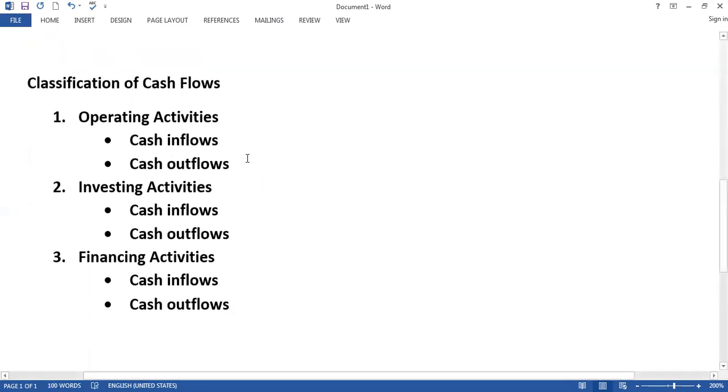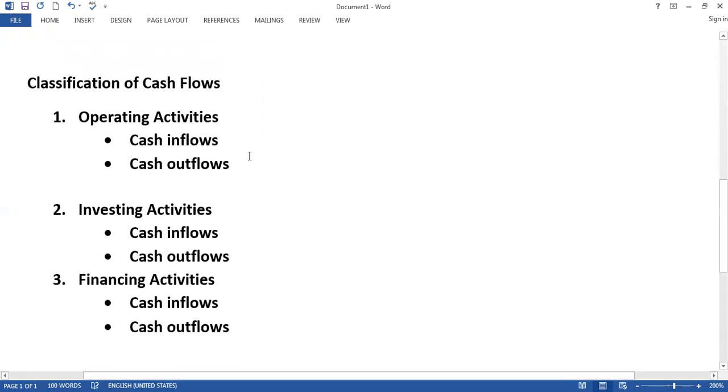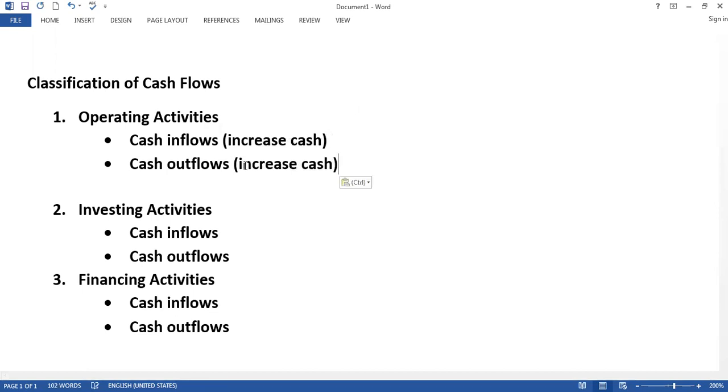So what is the meaning here? The meaning here is, if we have operating activities, then some transactions of operating activities increase cash. Okay, so cash inflows means increase your cash, and cash outflows means decrease cash.